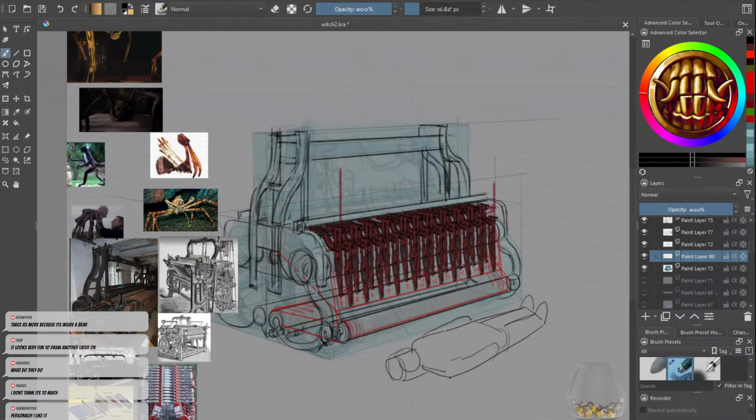Is that not too much? It looks very fun to draw another later on.